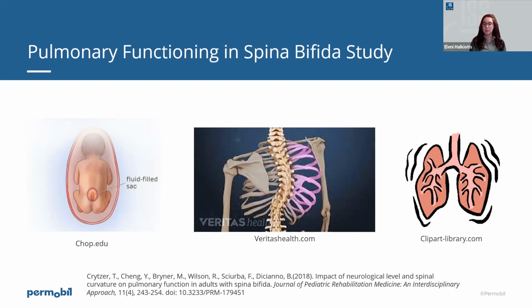Over 35% have a diagnosis of obesity, and many have incomplete innervation of their respiratory muscles. This incomplete innervation commonly results in pulmonary dysfunction to the extent that it becomes a source of morbidity and mortality. They also suffer pneumonia and respiratory failure, which have been identified as the second and third leading causes of mortality, and restrictive lung disease, which is technically a predisposing factor for developing pneumonia.